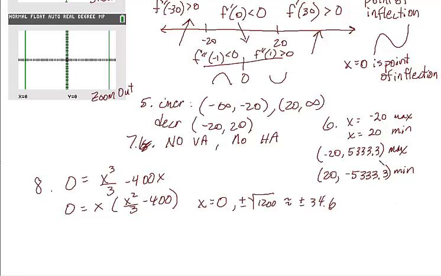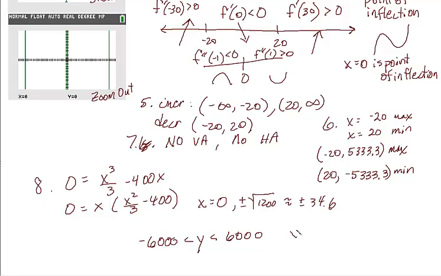All right, so let's think about what we've got here and what our viewing window needs to be. My y's need to go up to at least 5,000, so y needs to be in between, let's just say, 5,500, 6,000, somewhere around in there. We'll make it 6,000.